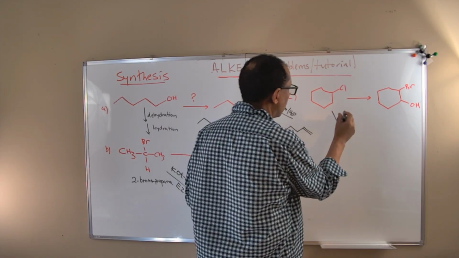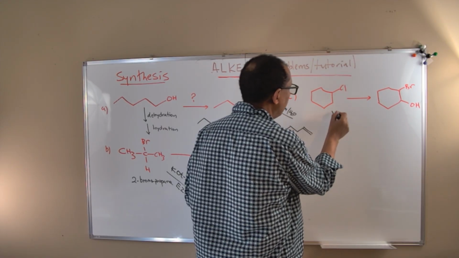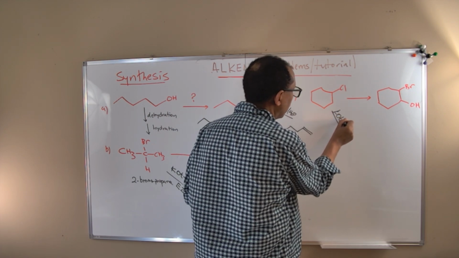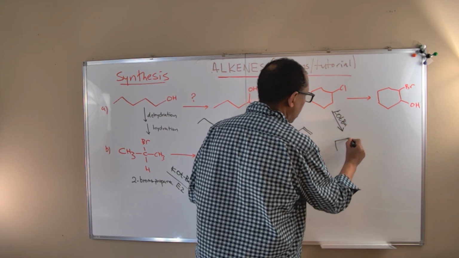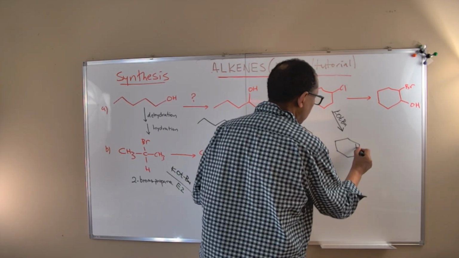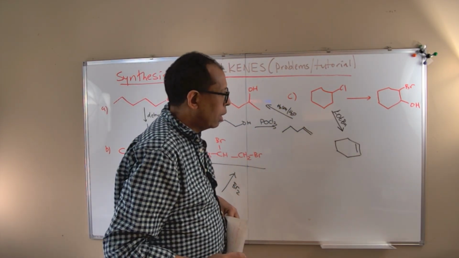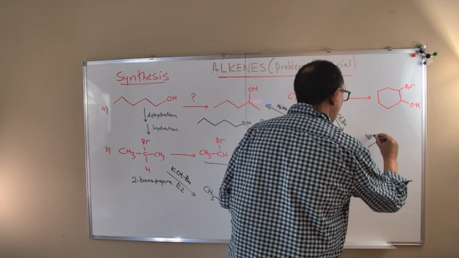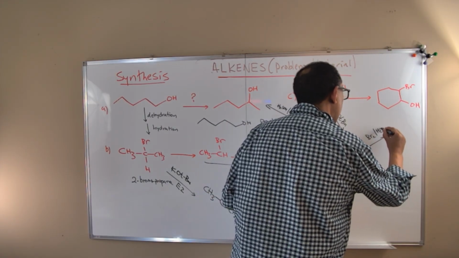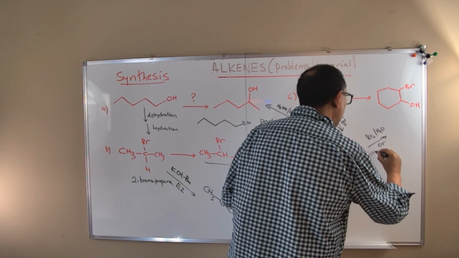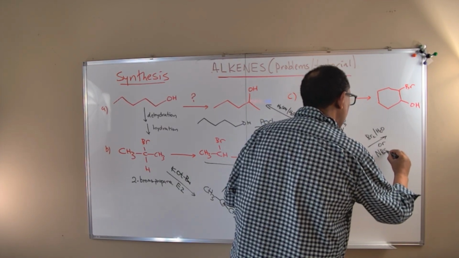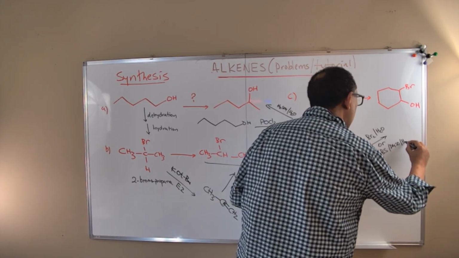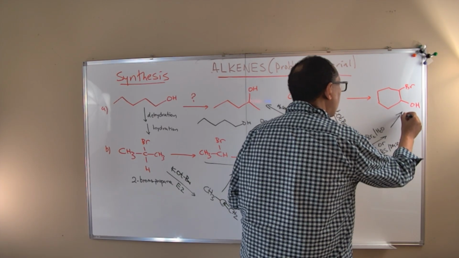I'll use a strong base, potassium tert-butoxide, for example, which would give me an alkene. Then from an alkene, I can use bromine in water or NBS in DMSO and water. This would give me a bromohydrin.